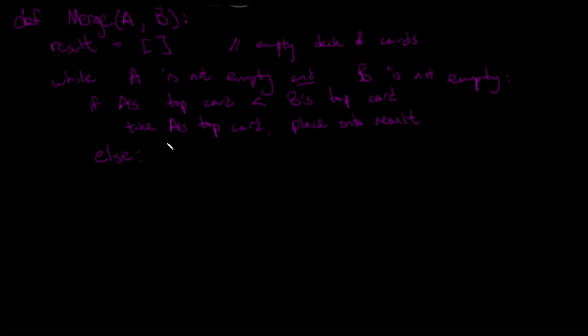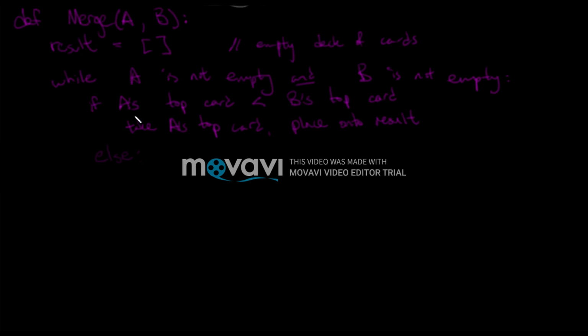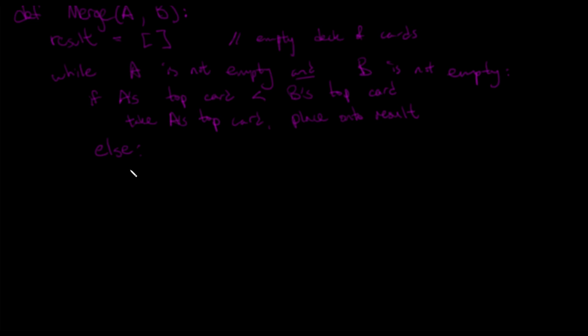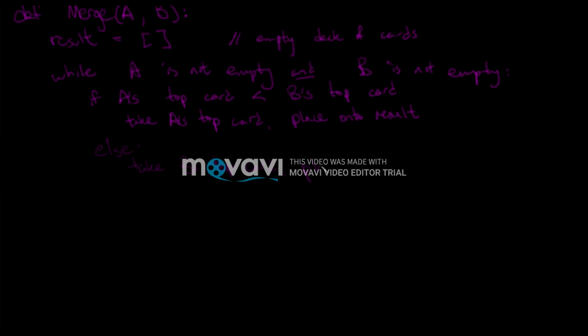The other case is if B's top card is less than or equal to A's top card. And when that happens, we again look at our rule. We're going to take the smaller card. In this case, B's top card is the smaller one. I'm going to take B's top card and place that one onto the result.